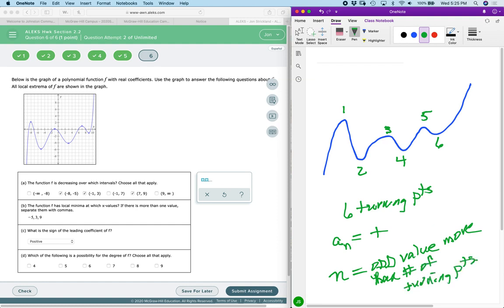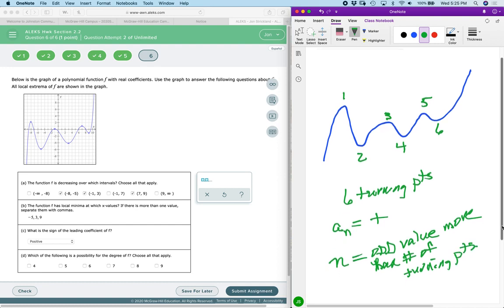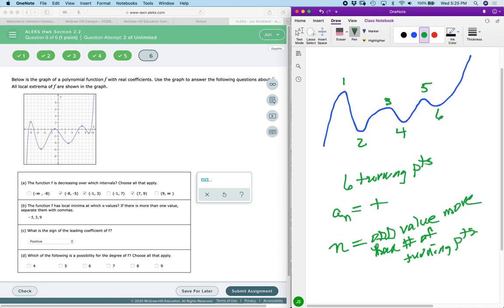The number of turning points will be at least 1 less than the degree of the function. So in this case, if you're looking for an odd value more than 6 turning points, n could be 7, 9, 11, and so on.